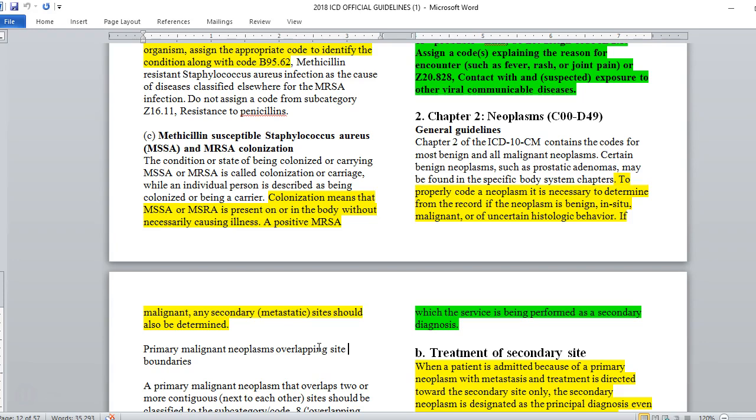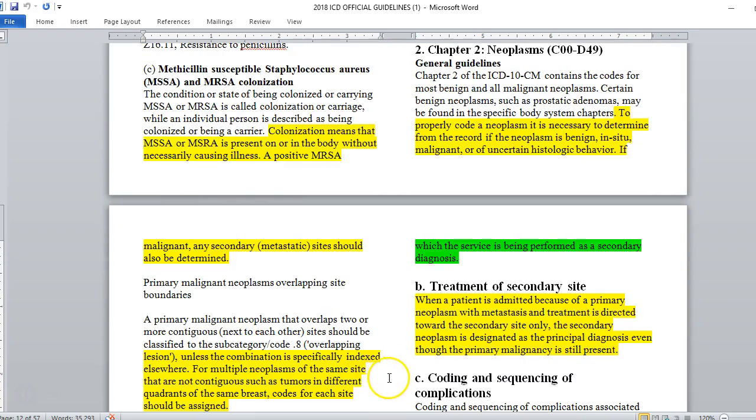Now, if malignant, any secondary or metastatic site should also be determined. Okay, so most of the time, our cancer stays in one area, but if it can get into the blood supply or the lymphatic system, it likes to metastasize or spread to other sites. So there are other words we might see.